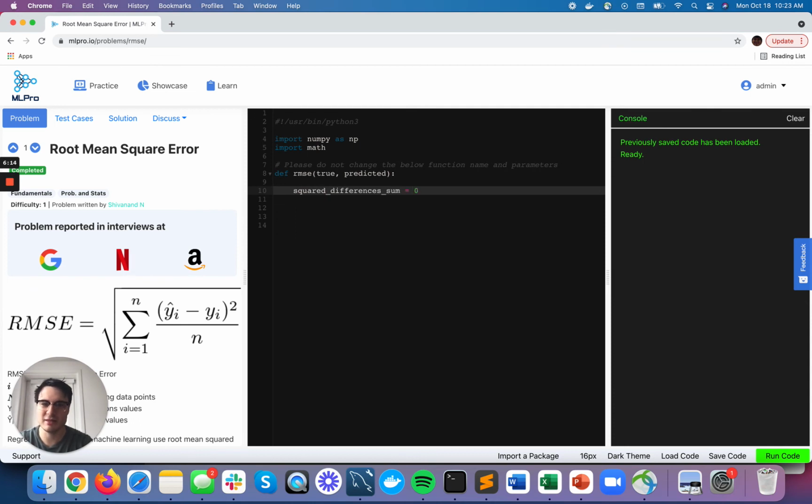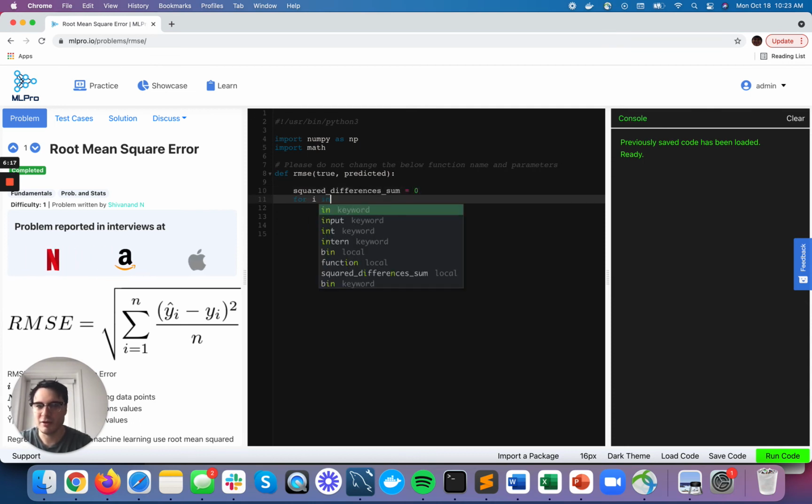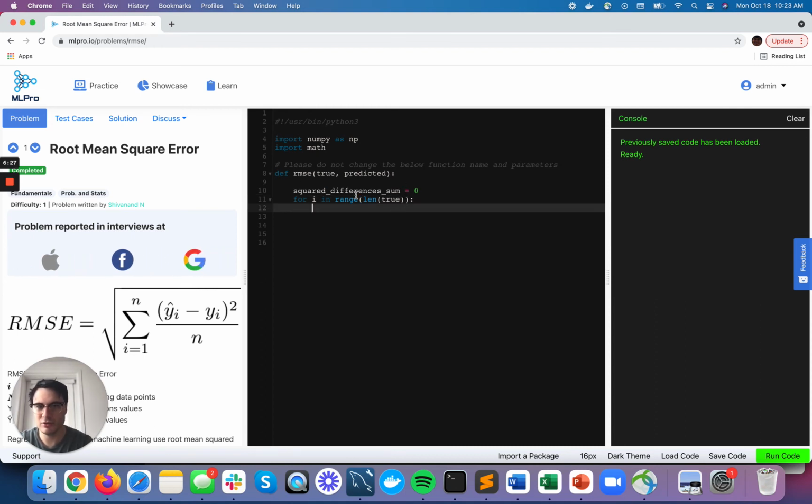We'll initialize that to 0. Then we want to loop through all of the values in both lists. Since they're the same length, we can either use range of length of true or range of length of predicted, it doesn't matter. And as we loop through, we just want to add to the squared differences sum the square of the ith true value minus the ith predicted value.